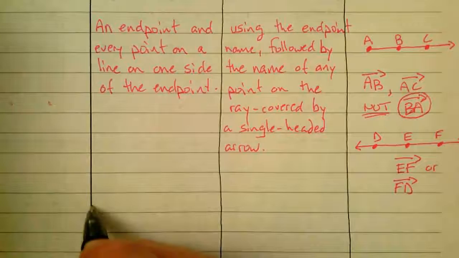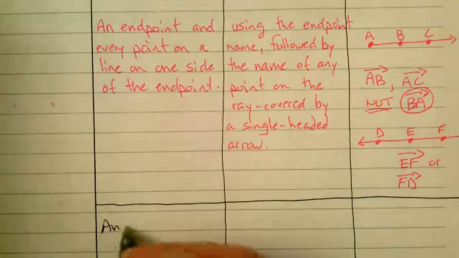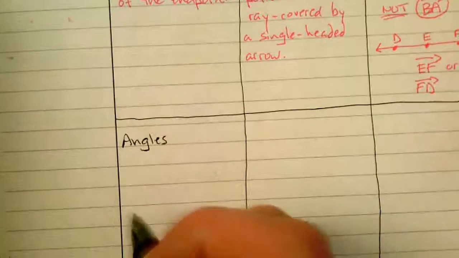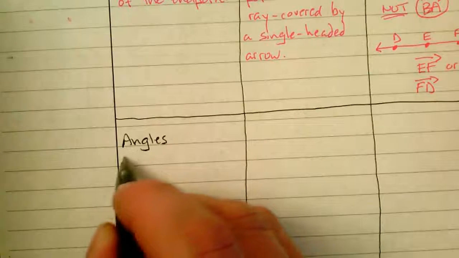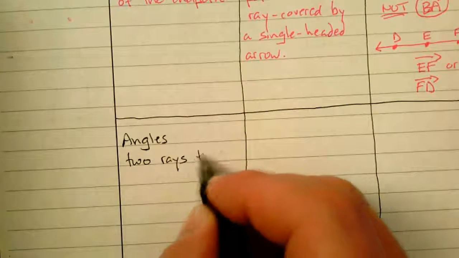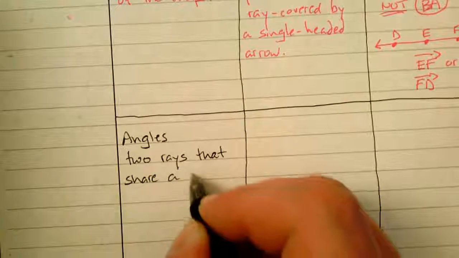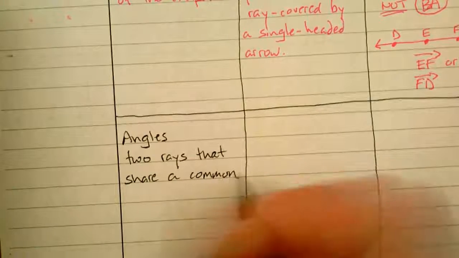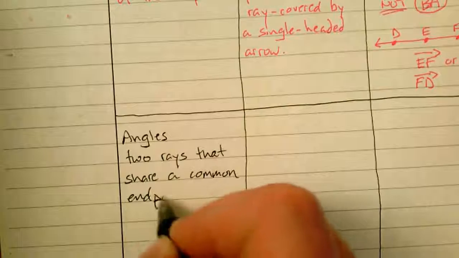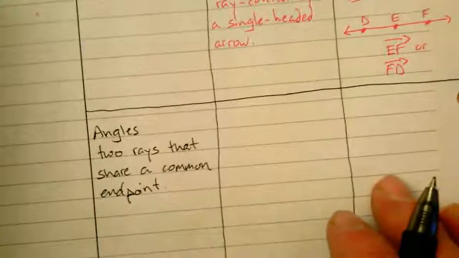Alright, next here we have, let's put our line through here. We have angles. Okay. An angle is made up of two rays that share a common endpoint. Okay.